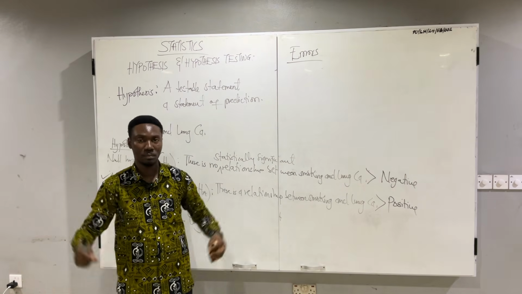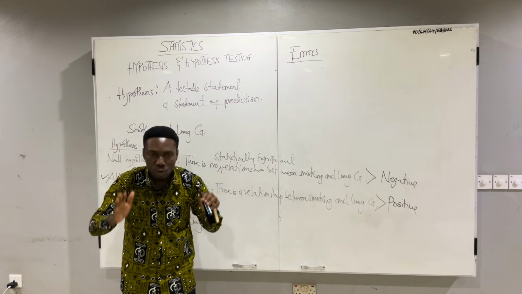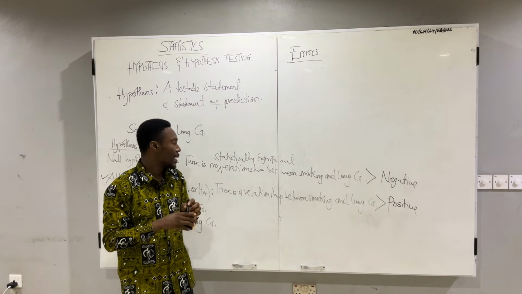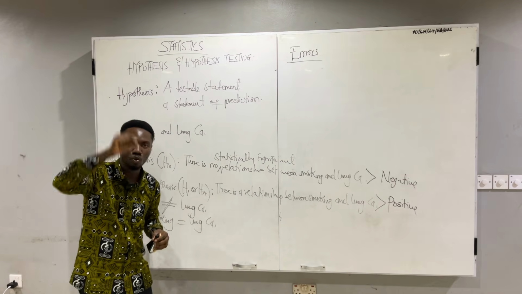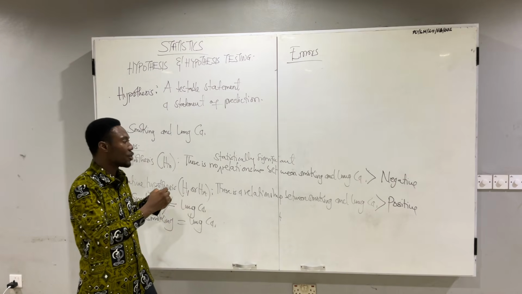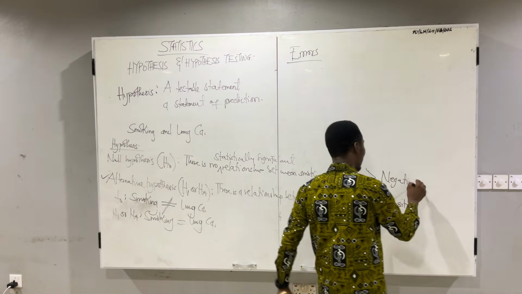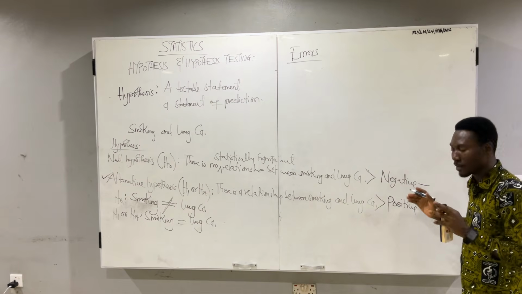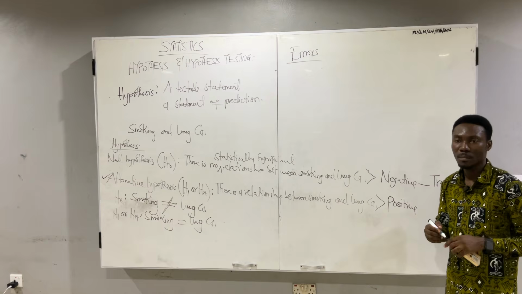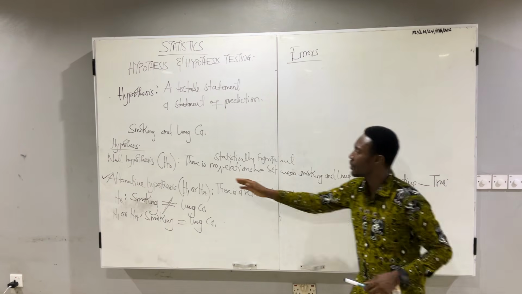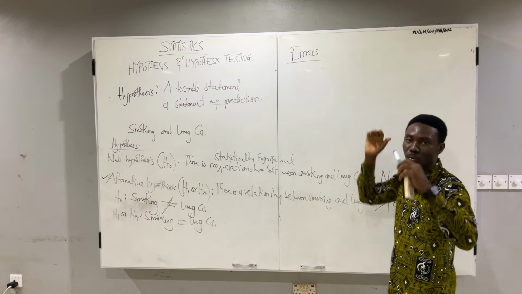Let's assume that in actual sense, the statement that is telling us there is no relationship, that statement is true. Let's assume that this statement, in actual sense, is a true statement. Meaning, let's assume that the null hypothesis is actually true.